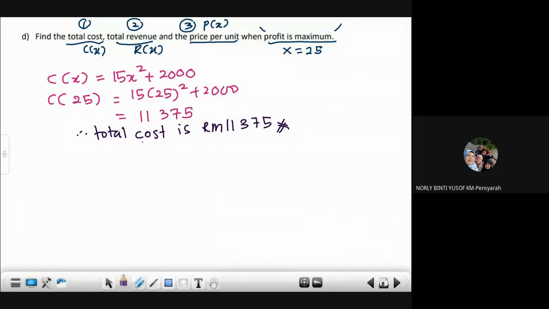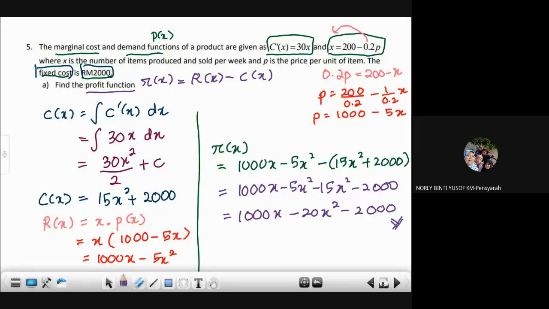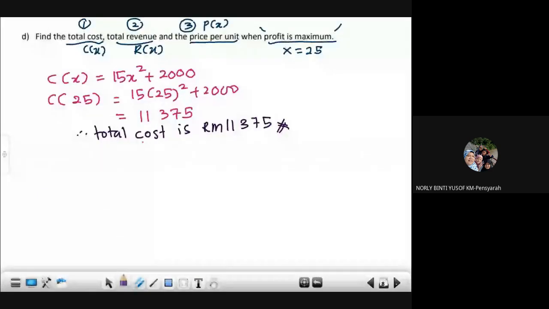Lepas tu sama total revenue. Kita ada tak RX punya function? Ada dekat A. Semua dekat A lah sebab you find the function for revenue dengan CX kan before you find the profit function. So RX 1000 X minus 5X squared. So masukkan quantity bila profit maximum 25. So masukkan sub.